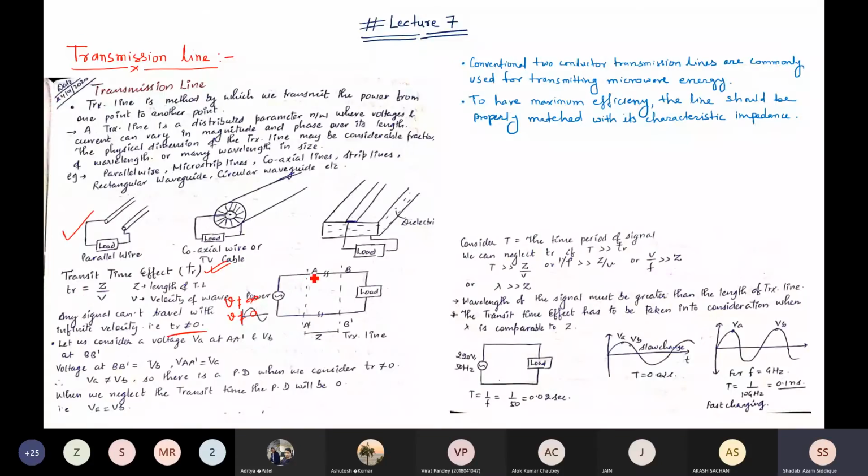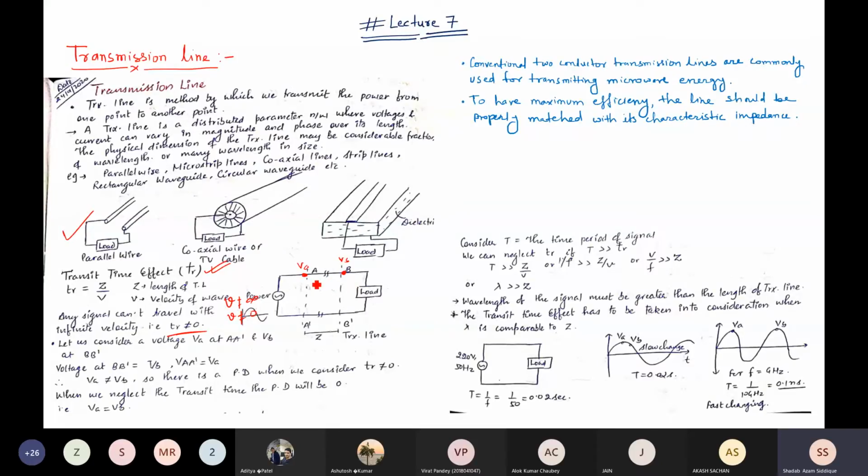So let us consider some voltage present at the source side, VA, and the voltage present at the load side is VB. So this is VA and this is VB, the voltage potential at this point. There would be a potential difference between point A and point B. That means if there is a potential difference, there is a transit time.